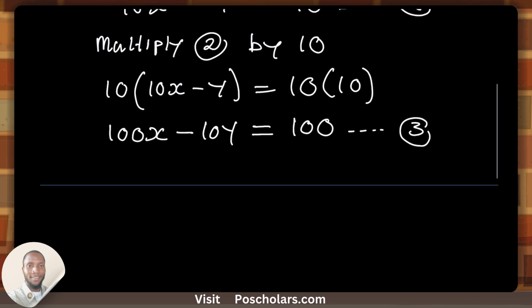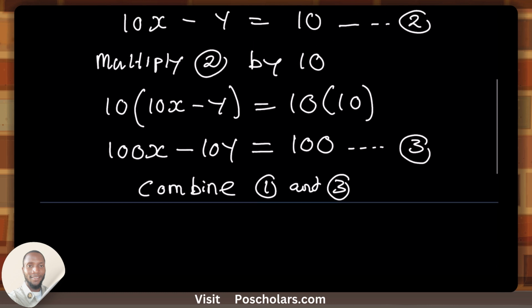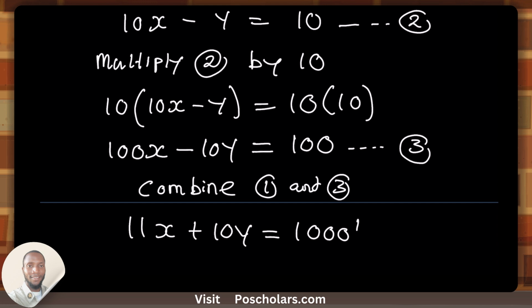Good. Now I'll combine equation 1 and equation 3. Remember, equation 2 has been transformed to equation 3, so we no longer need equation 2 in this context. We'll now combine equation 1 and equation 3, the reason being that the coefficient of y in equation 1 and the coefficient of y in equation 3 are the same. So combining equations 1 and 3, we have 1x plus 10y equals 10001, equation 1.